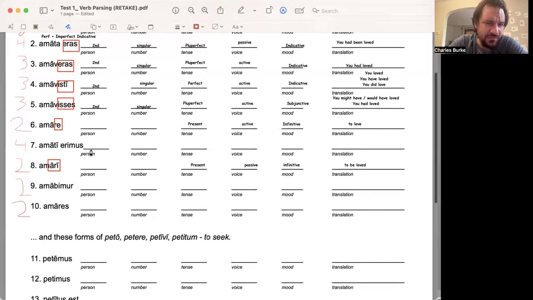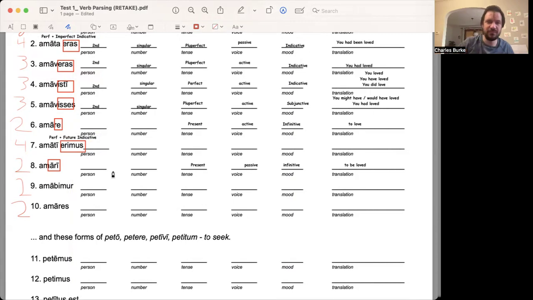Amati erimus. All right. So the tense marker here really is that erimus. And just like when I was up here and I mentioned that it was the perfect passive participle, this time it's plus the future indicative of sum. Erimus means literally "we will be."